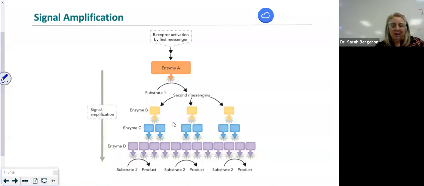I'm going to give you an example, and in this example, this is what happens when you don't eat for a while. If you're going to go for a while without eating, what happens to your blood sugar? It drops. When it gets to a certain point, your brain needs glucose.